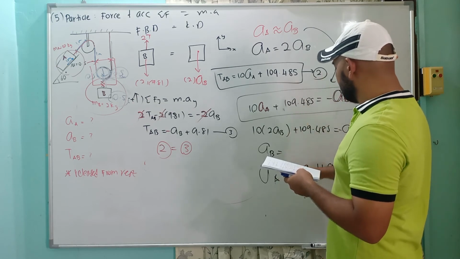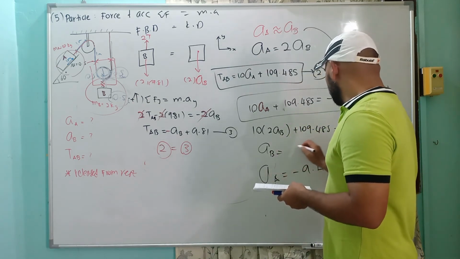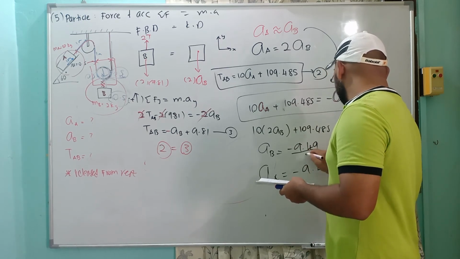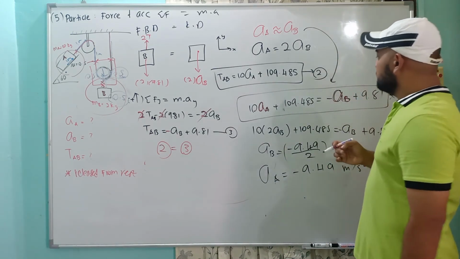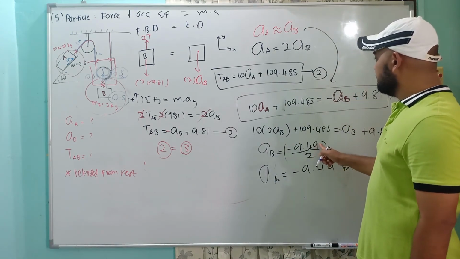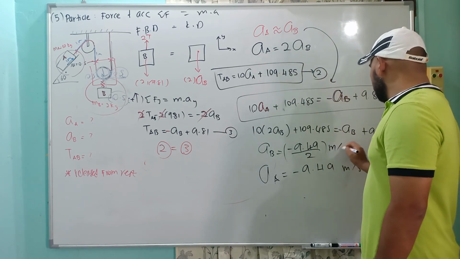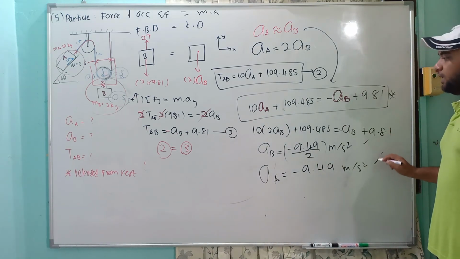AA is 2 times AB, so AB is half of AA. So AB is minus 9.49 divided by 2 meter per second squared. So we have the values of AA and AB.